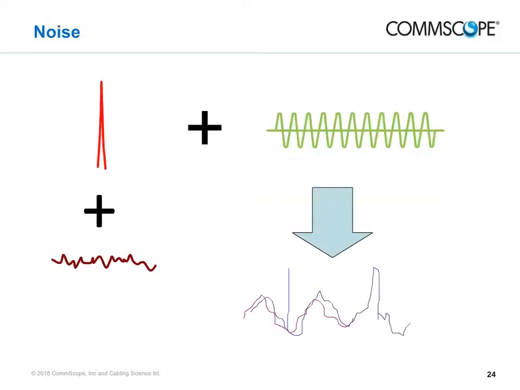Signal noise is any unwanted signal on the transmission medium. Two common forms of noise are impulse noise, which are spikes of energy, and continuous noise, which is low amplitude energy that is continually present. Impulse noise typically originates from electrical arcing, such as that which occurs with electrical switch operation or lightning. Continuous noise comes from multiple sources.